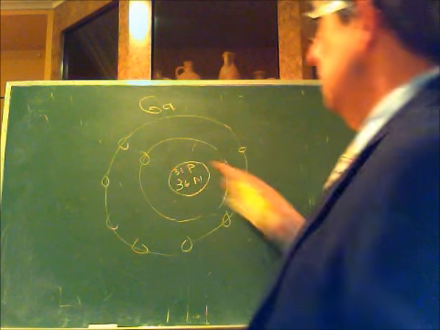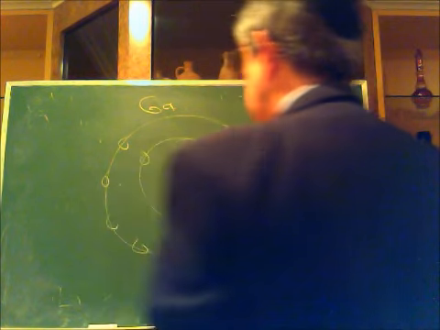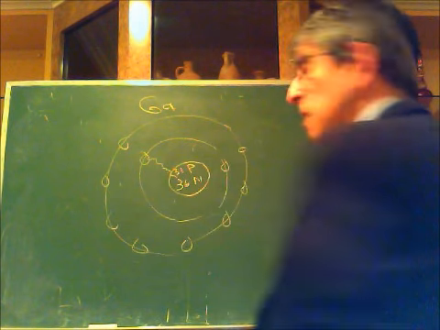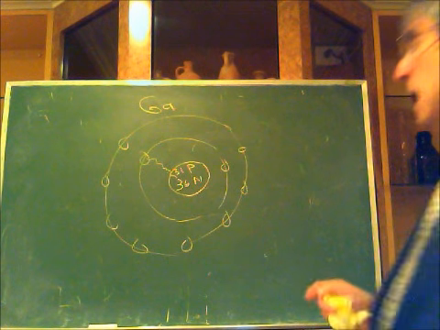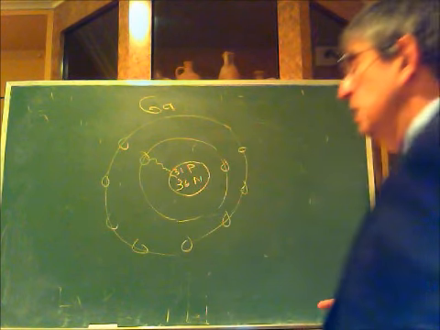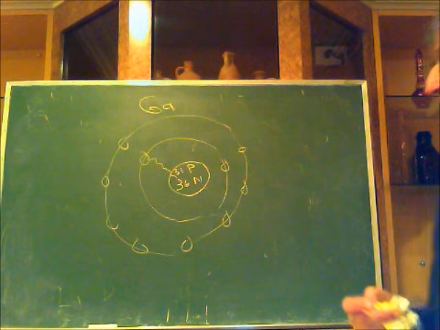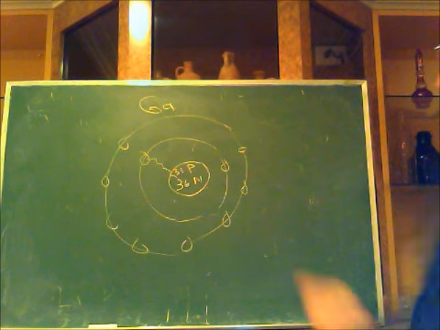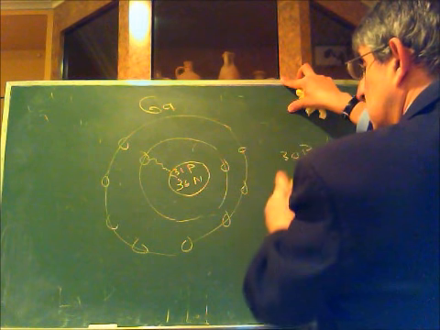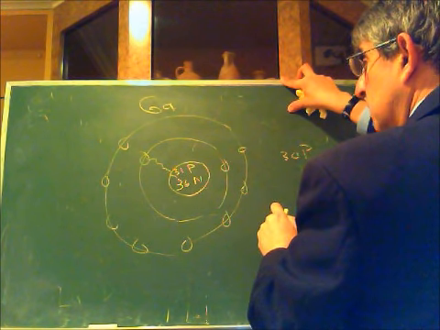One of these inner shell electrons can actually be absorbed by the nucleus. When that happens, it's possible for that electron to be absorbed by a proton and create a new neutron. So that's going to give us a nucleus that has 30 protons in it, and it's going to have 37 neutrons.